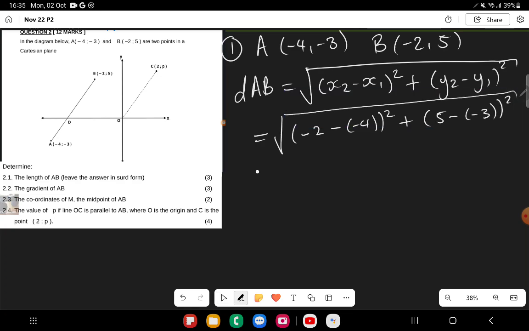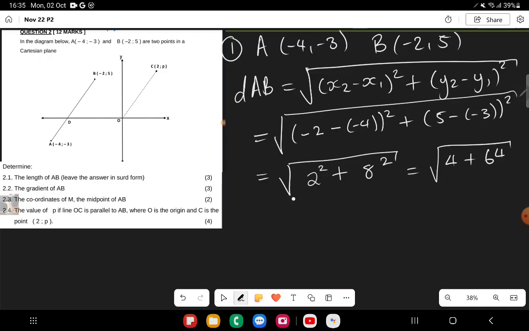Square root everything. That gives me -2 plus 4 gives me +2. So this is 2 squared plus 5 plus 3 is 8, 8 squared. Square root everything. So that becomes 4 plus 64, if I'm not mistaken, which ends up being the square root of 68.